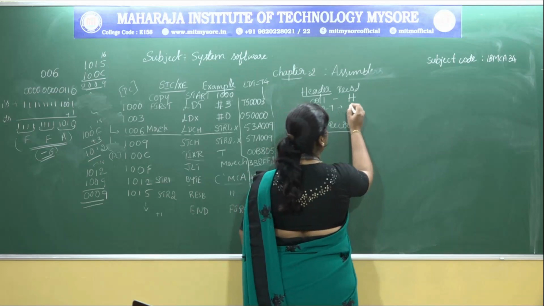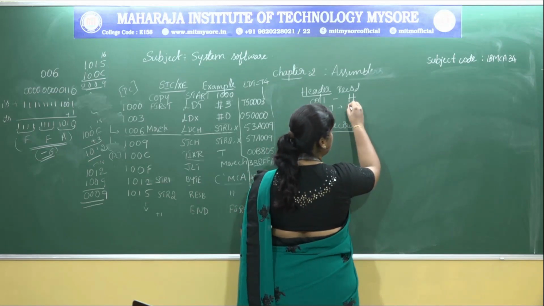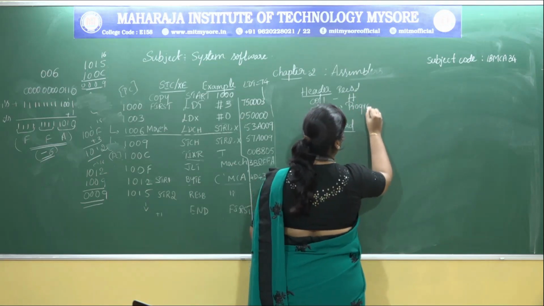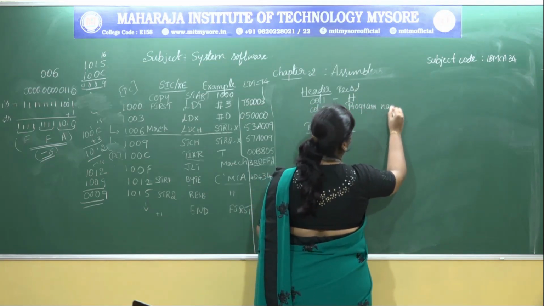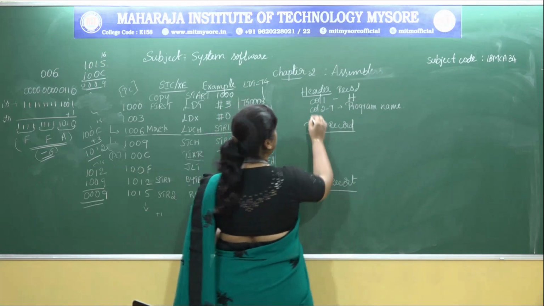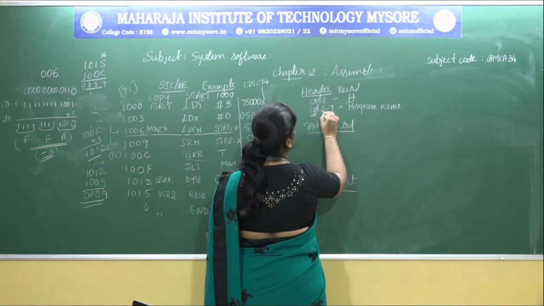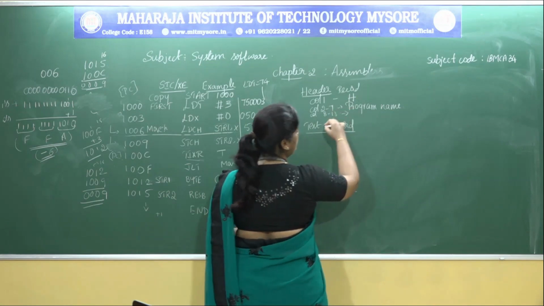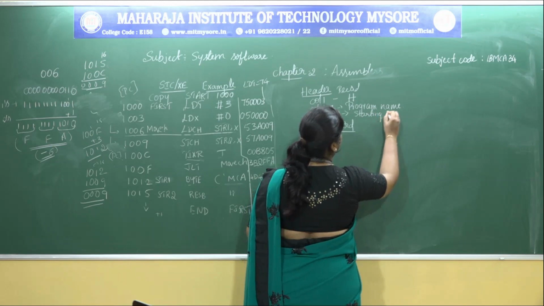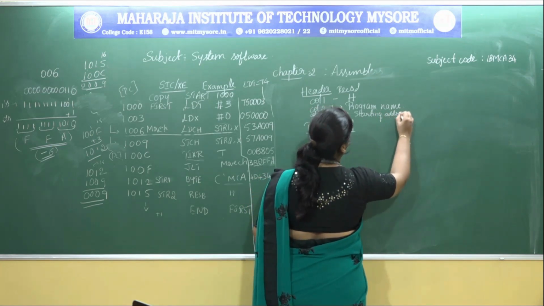So columns 2 to 7 are used to mention the program name of that program. Columns 8 to 13 are used to represent the starting address of that program.